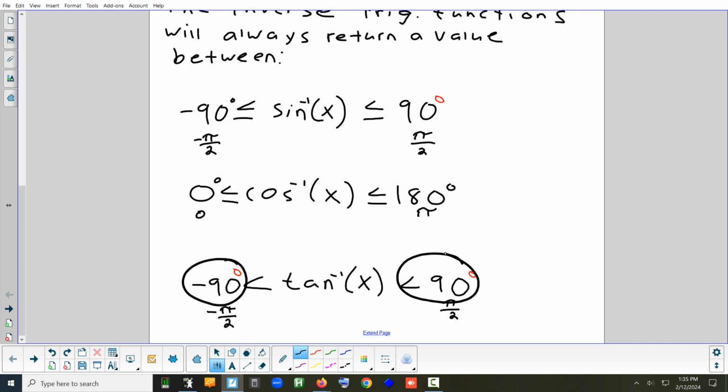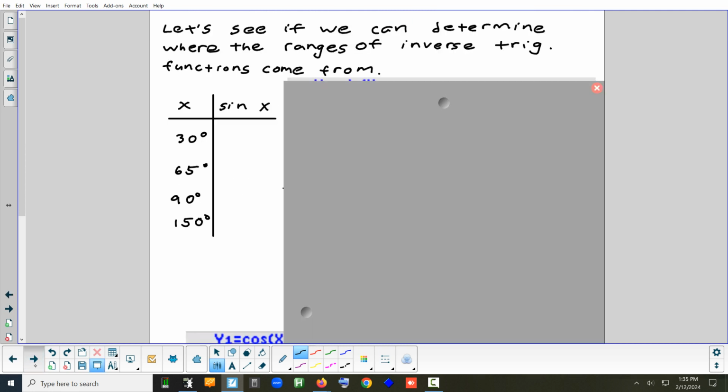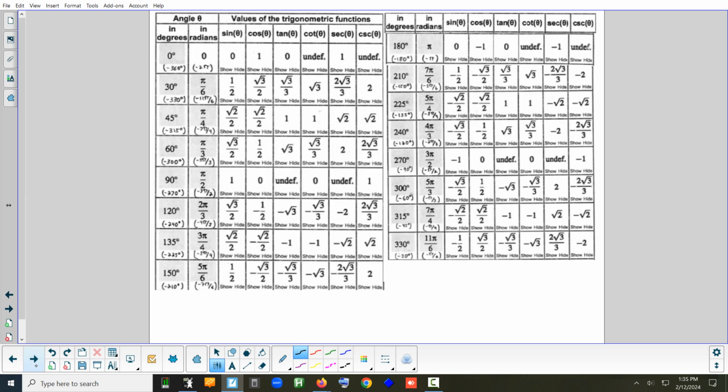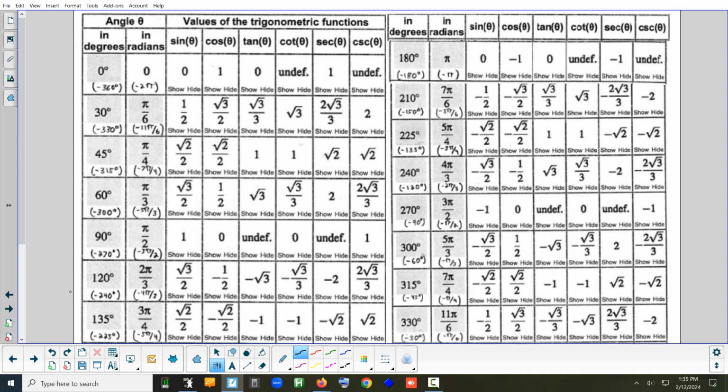Now I'm going to give you guys a chart. Let's look at the tangent column and go to 90 degrees and see what it says. You're not supposed to equal 90 degrees; you're supposed to be less than 90. So let's see what happens if we equal 90. Find 90 degrees in the angle column, and then go over to tangent.